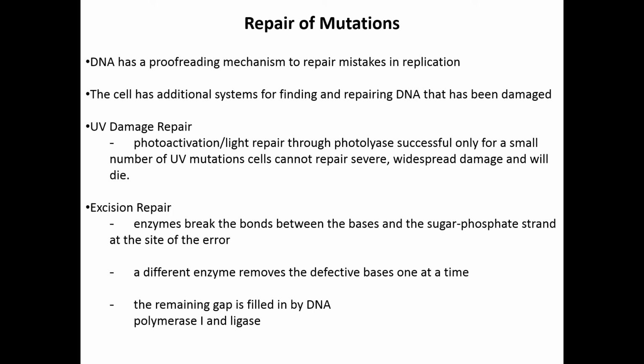You can have mutations that are due to exposure to chemicals or radiation, and there has to be some way for the DNA to be repaired, because if those mutations are passed on to the next bacterial cell, they're probably not going to be beneficial mutations.